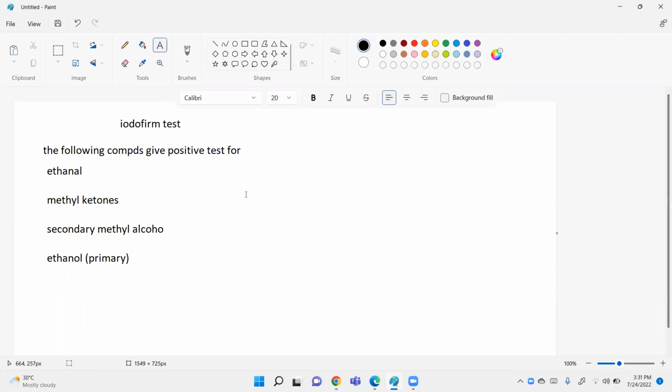Now, what is important about this ethanol? What is similar about it? Methyl ketone, secondary methyl alcohol, and ethanol. It is a primary alcohol, but it gives the iodoform test. Methyl ketone, I can write CH3CO.